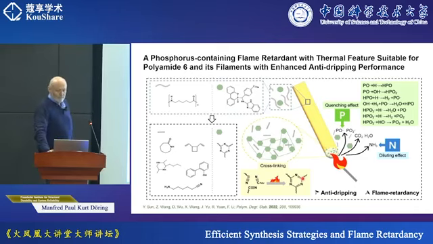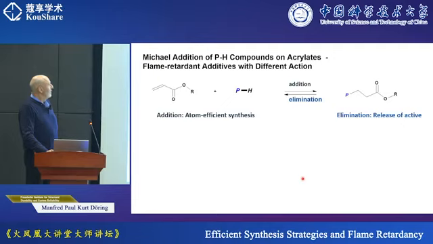But the question is now, can we do this with other cyanates? As I said, one of my loved reactions is the so-called Michael addition reaction, shown over here. We have a simple acrylate and a phosphorus derivative with a P-H bond, and in the synthesis we have the simple addition to form that final product without any side product.